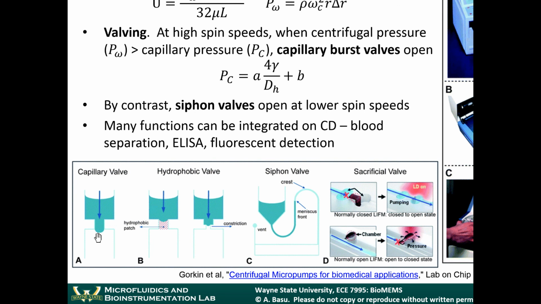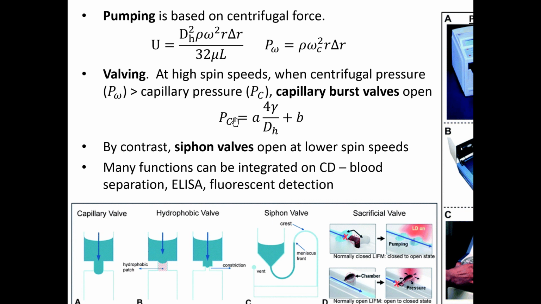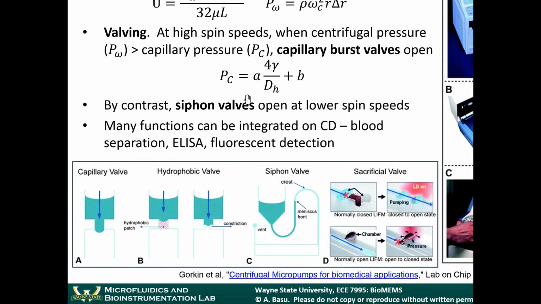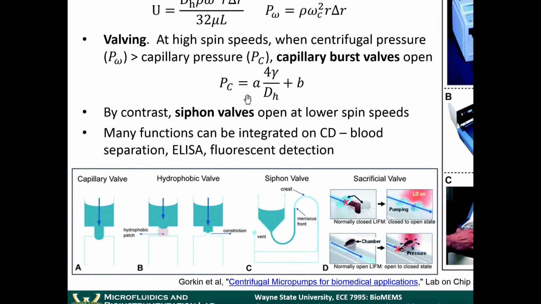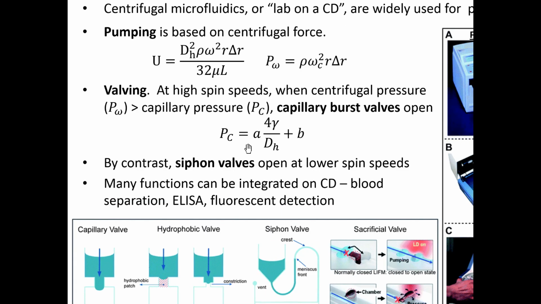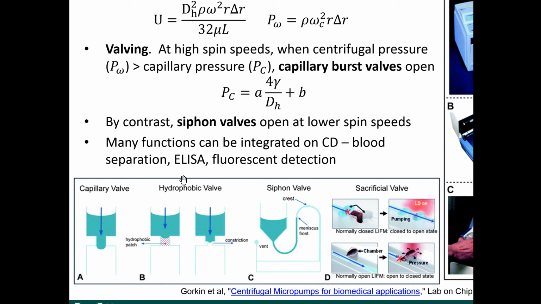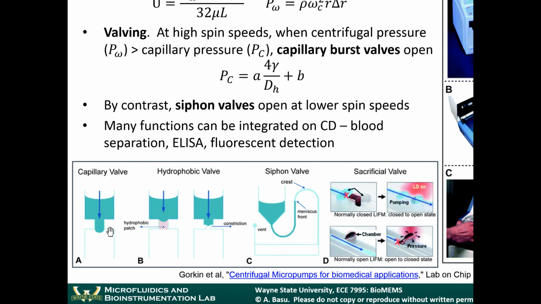So this P_C exceeds P_omega. At that point, if you want to open the valve, you increase the spin speed so that the centrifugal pressure exceeds the capillary pressure. Then the capillary valve will burst, and the liquid will continue down into here. Any questions on that? So that's one type of valve.